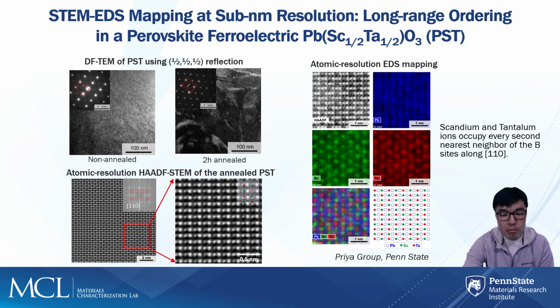If we combine all 3 maps together, lead, scandium, and tantalum, we can clearly know the heavier lead atoms are occupying the A site columns by themselves, and at the B site columns, scandium and tantalum atoms are sharing these columns alternately.